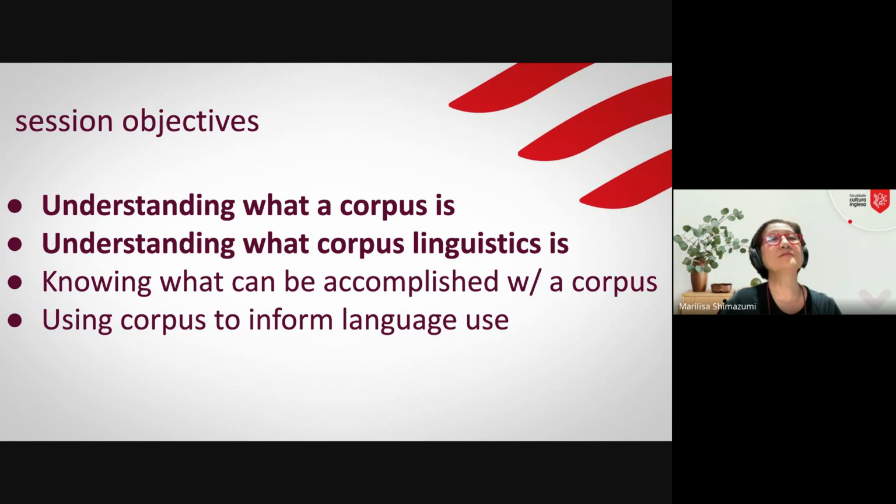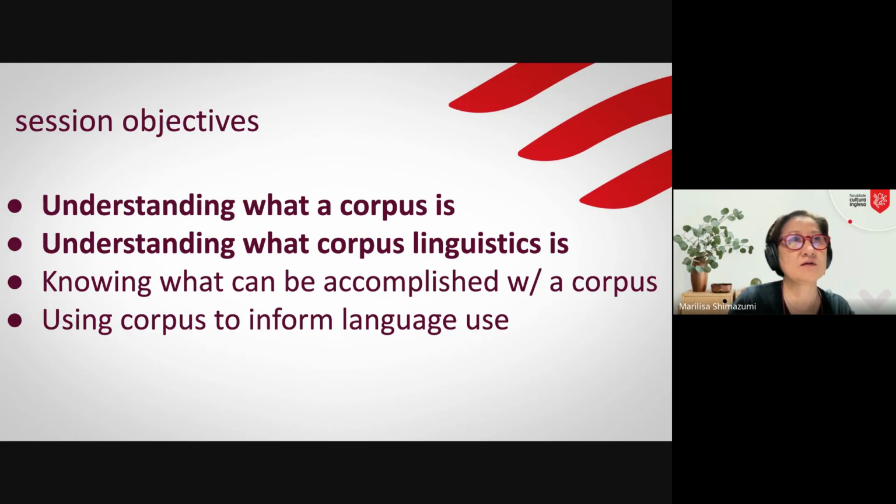So we'll start by clarifying what a corpus is, what corpus linguistics is, then having grasped the idea, what can be accomplished with corpus, what you can do in your daily practice as a student studying the English language and as a teacher, and how you can use corpus to inform how people use language or how you use language, okay?